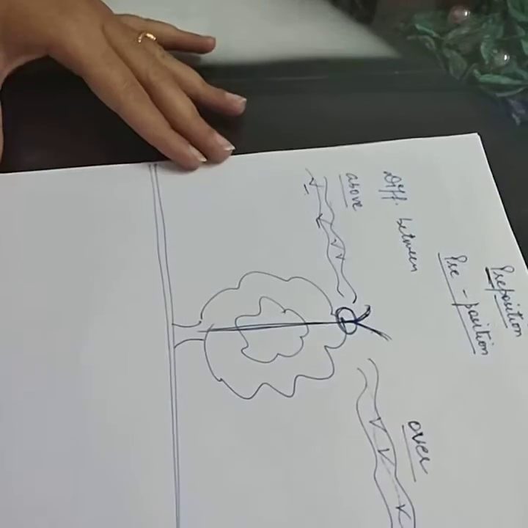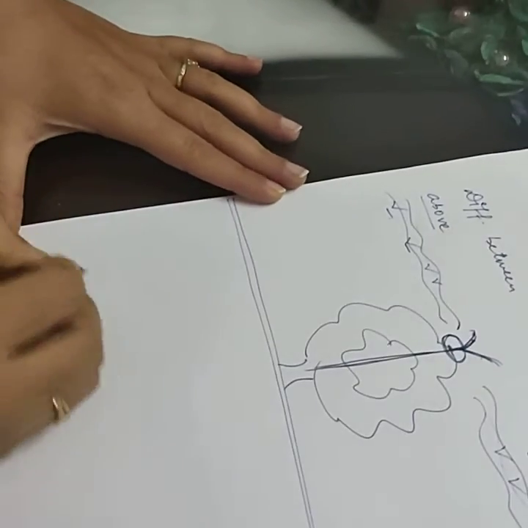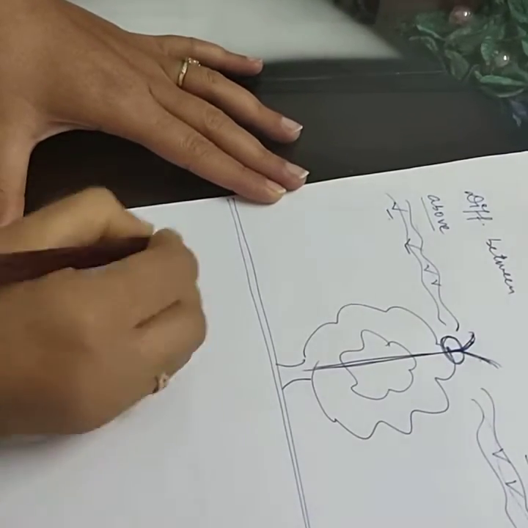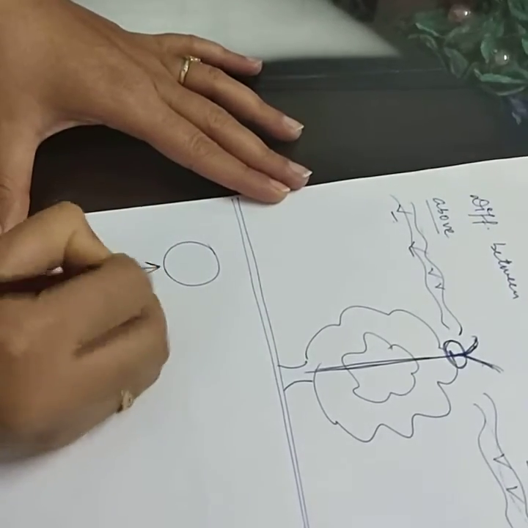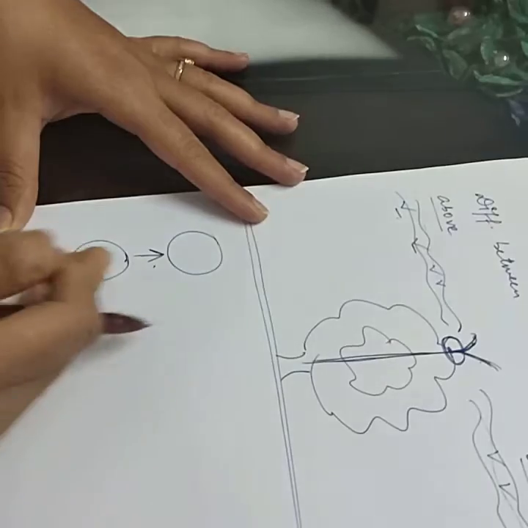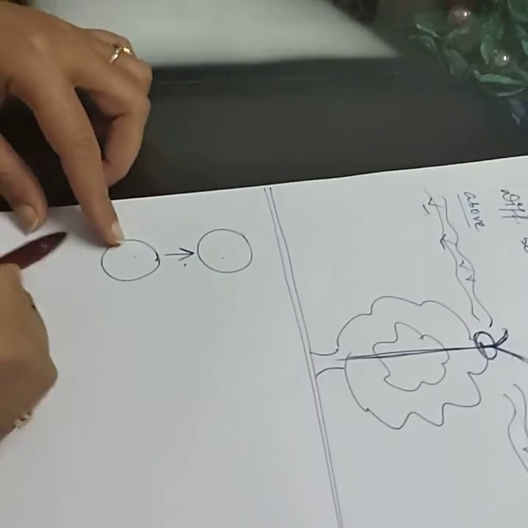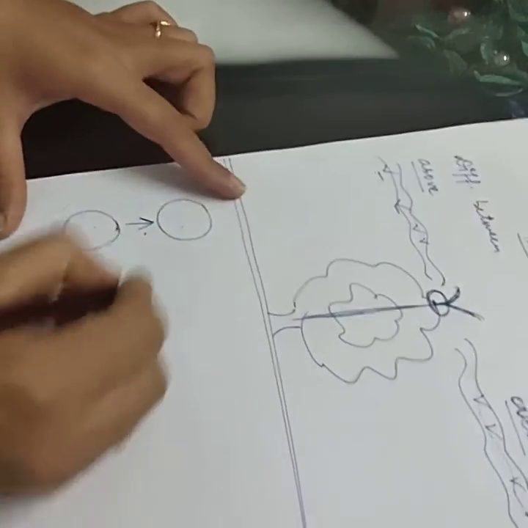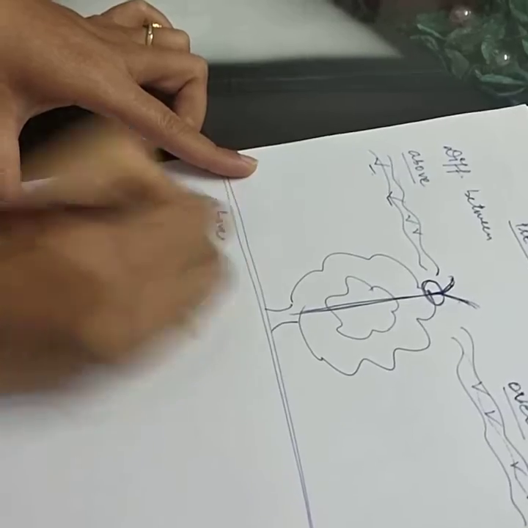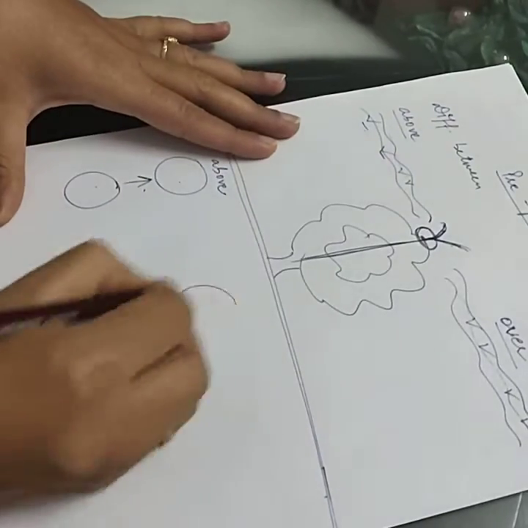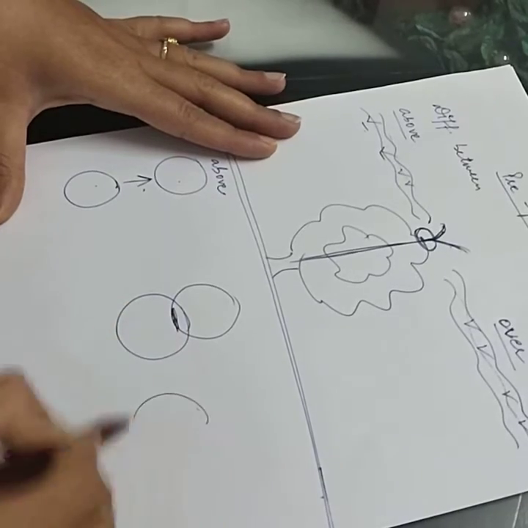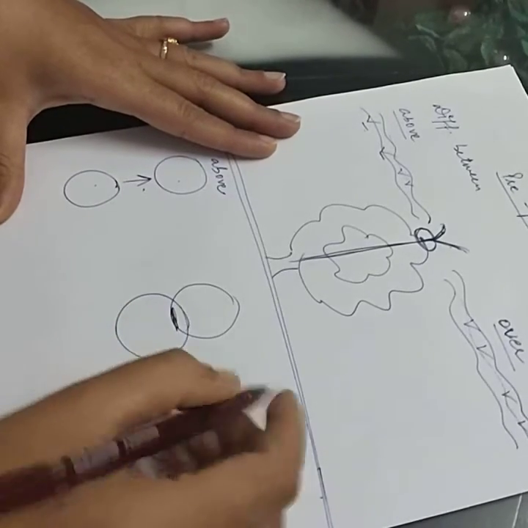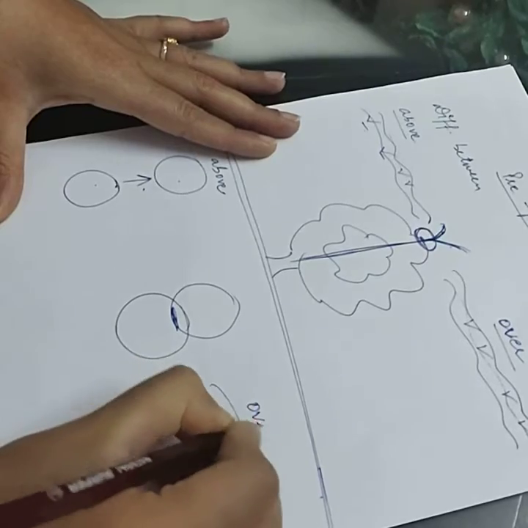Clear? One more example: if two objects are placed like this, we'll say this object is above this. So this is the example of above. On the other hand, when an object can touch another object, we'll say it's over.